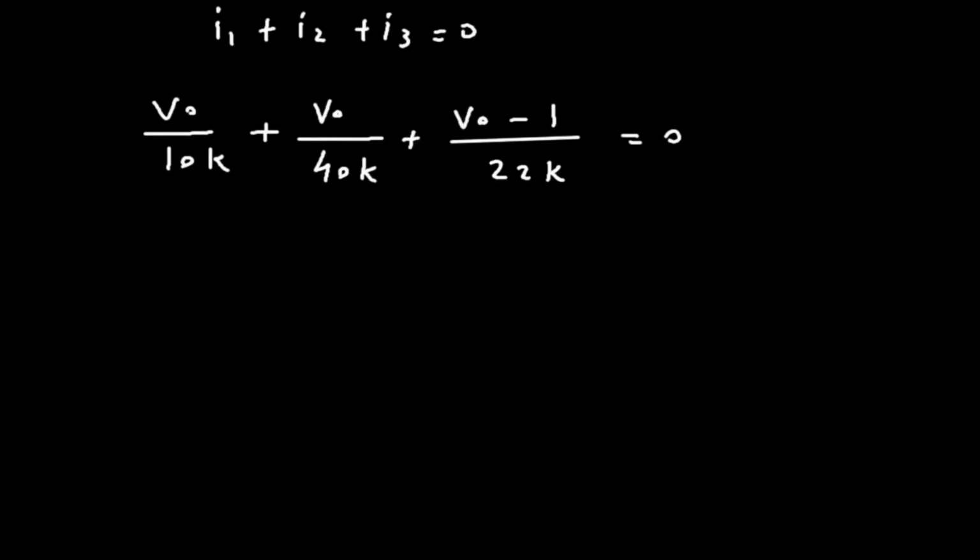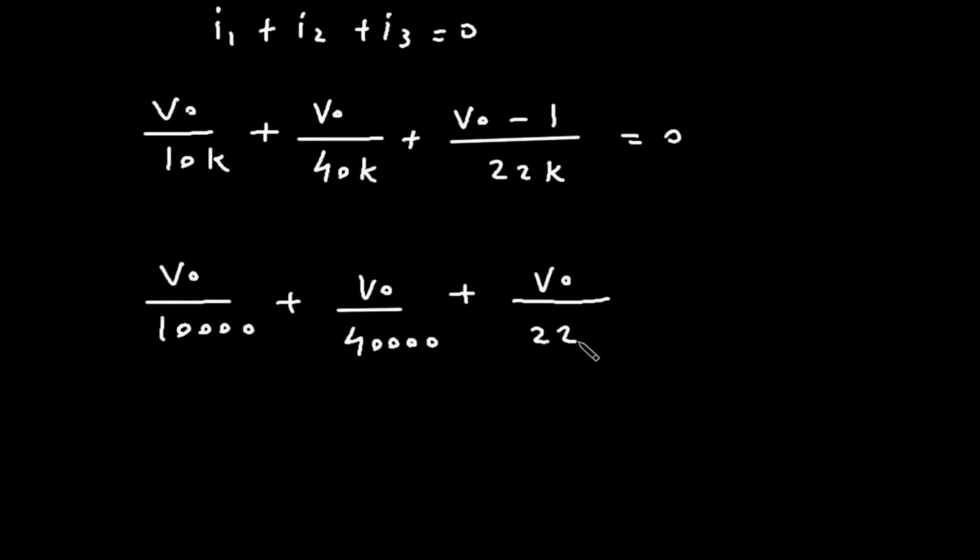Now we have to find the value of VO from this equation. So this will be VO by 10,000 plus VO by 40,000 plus VO by 22,000 minus 1 by 22,000 is equal to 0.